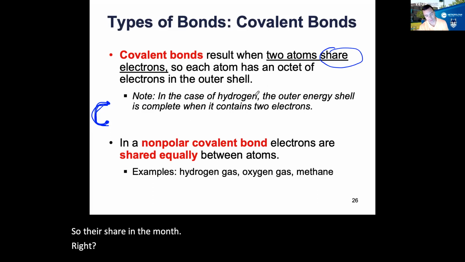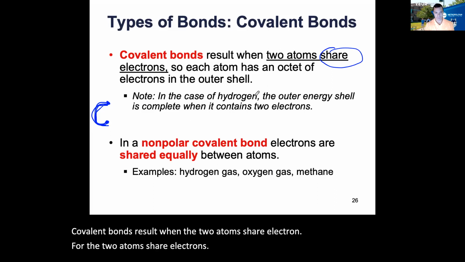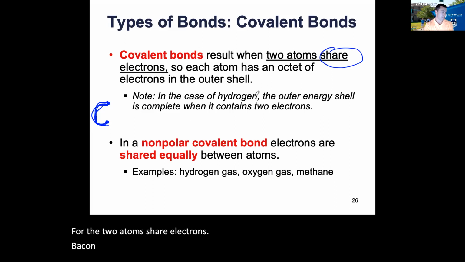Covalent bonds result when two atoms share electrons. They can share them equally. They can share them unequally. Ionic bonds are ionic bonds. There are no subdivisions at all.